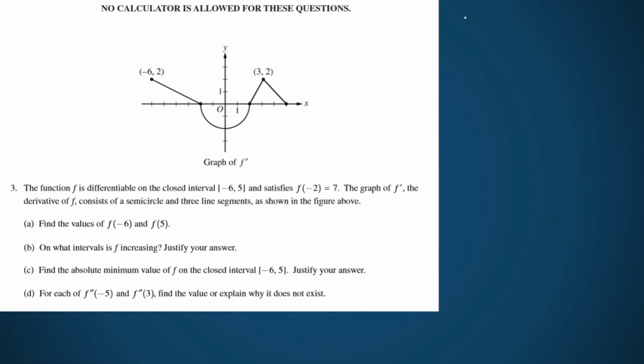Okay, part B. If f is increasing, then f prime should be a positive number.